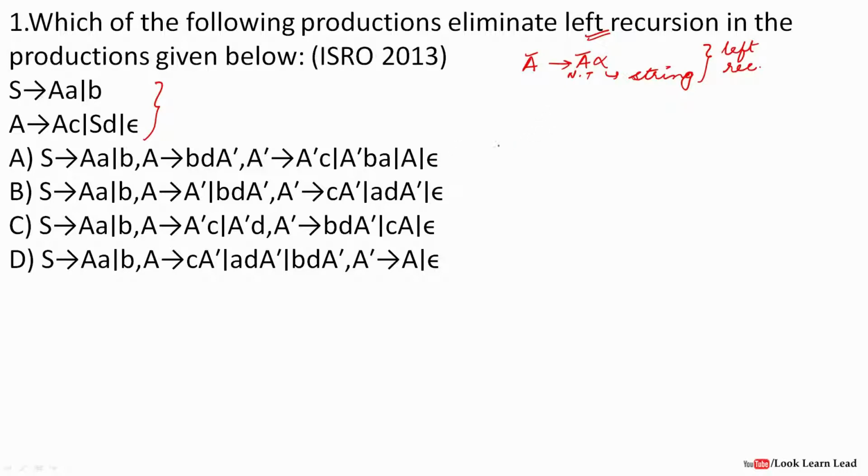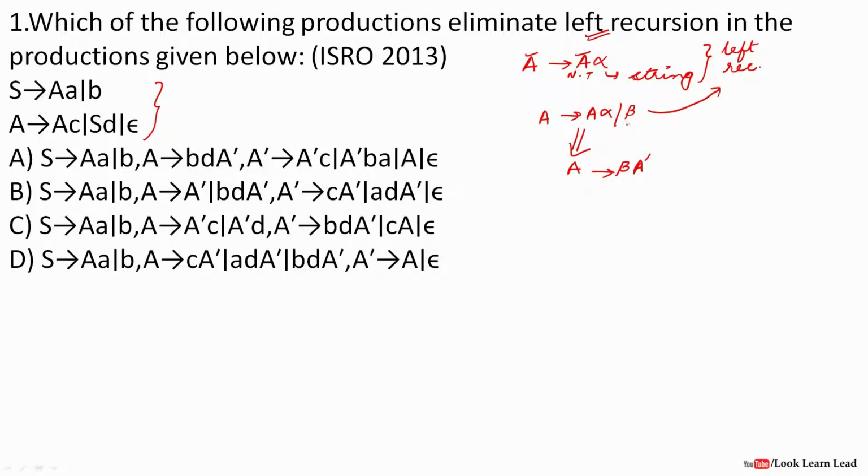Okay, so now let's see. Suppose we first take some example. Suppose we have A implies A alpha or beta, where alpha is a string and beta may be a string or a non-terminal. This is a left recursive grammar, so this grammar would be replaced by, now let's see how, A implies beta A dash.